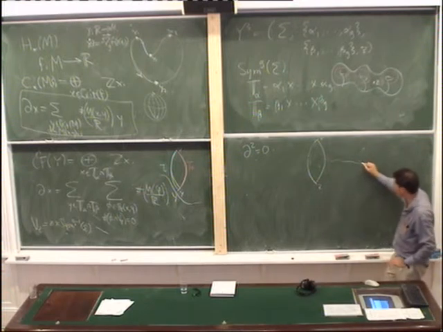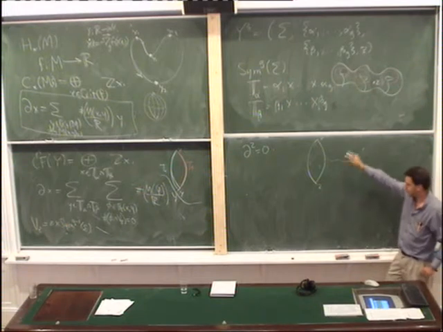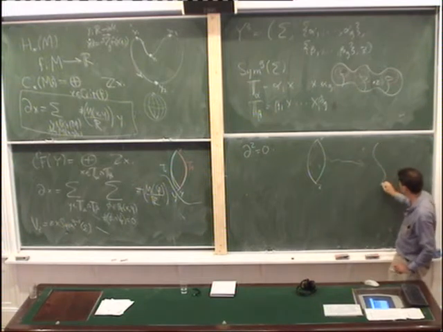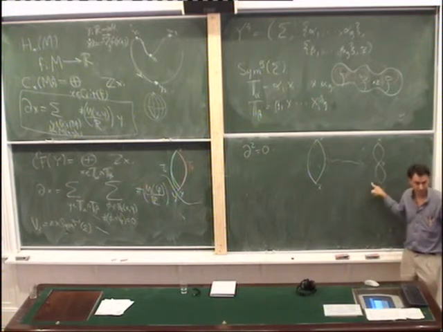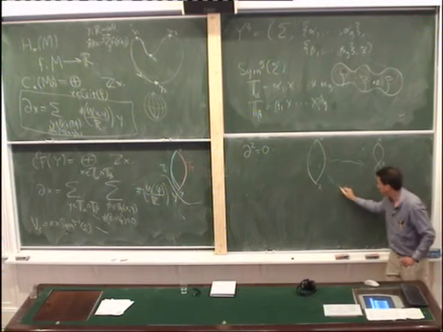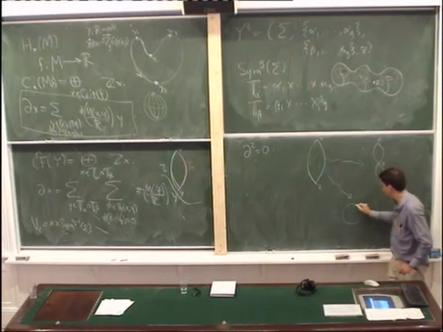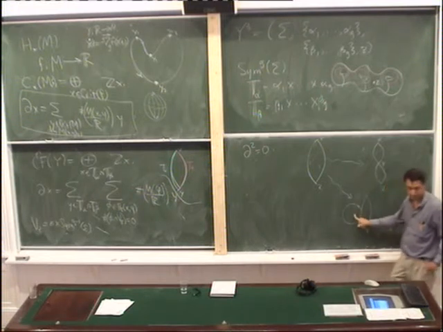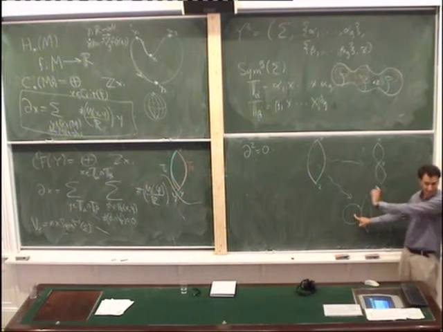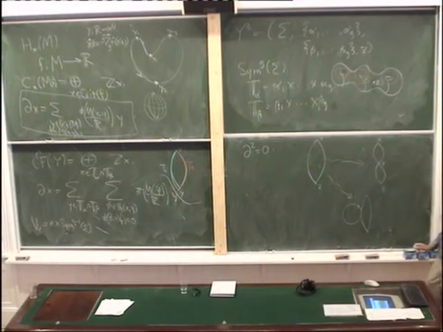So any one parameter ends of a moduli space of holomorphic disks from x to z are going to be modeled on either getting stuck in an intermediate intersection point, or we can bubble off a disk with boundary inside of one of the Lagrangians. That's the example that we saw in the plane earlier.